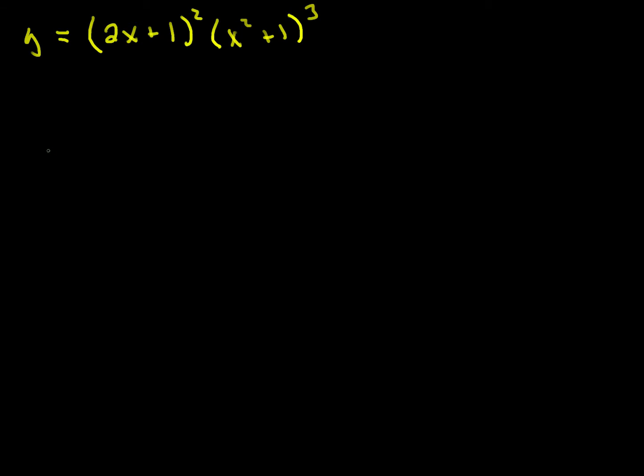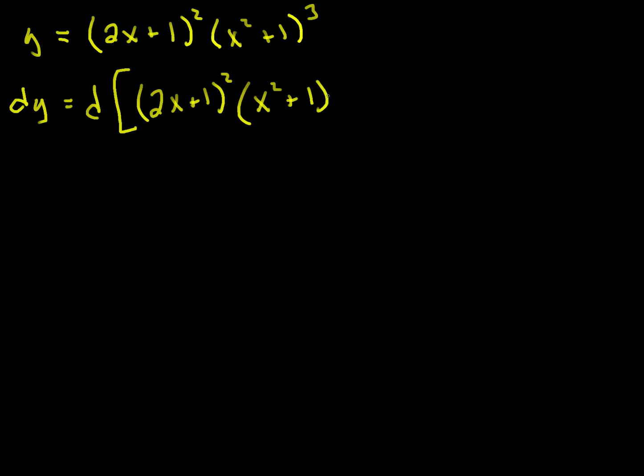So as in all the other examples, we'll start with the differential. So dy is equal to the differential of 2x plus 1 squared times x squared plus 1 cubed.